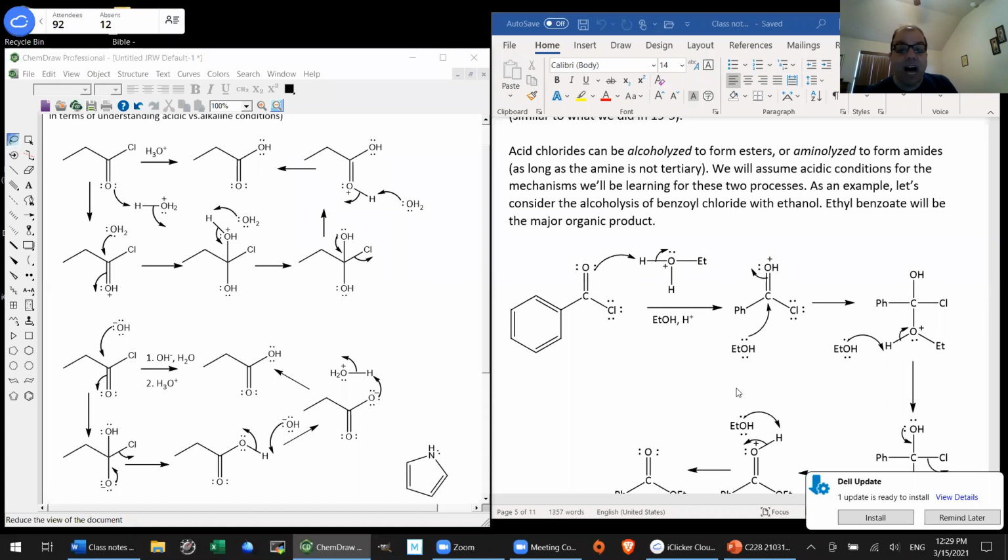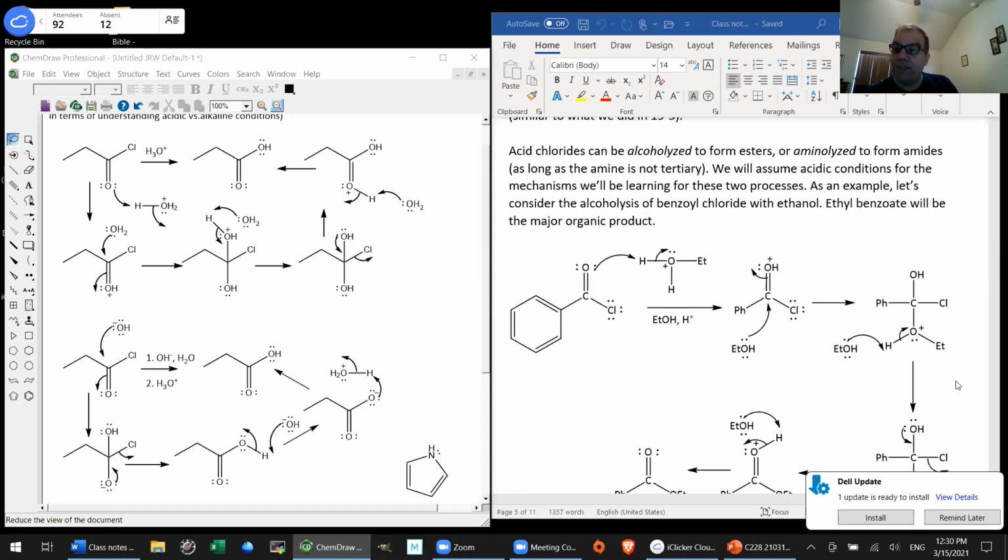And again, not EtO minus. That species does not make sense in acidic solution. So I expect you guys to know that alcohols are not strong acids. And especially under acidic conditions, you're not going to have any of the alkoxide ion. So it's the alcohol that adds here. And we've seen this happening a bunch of times already, something like this.